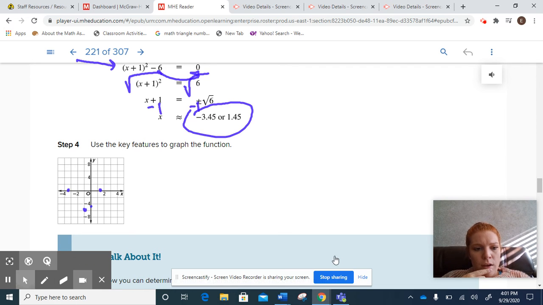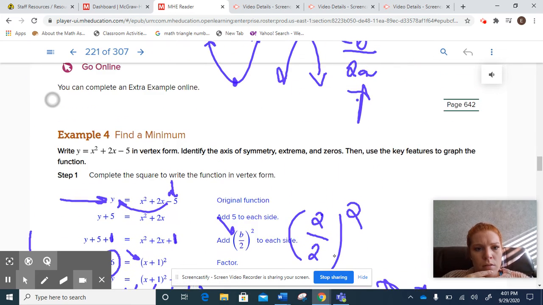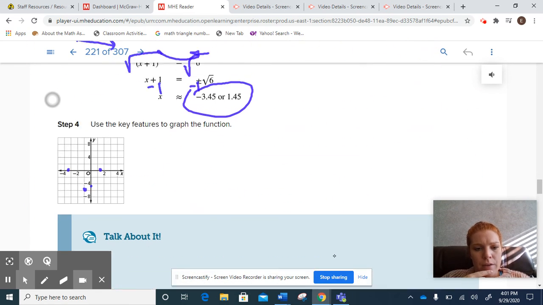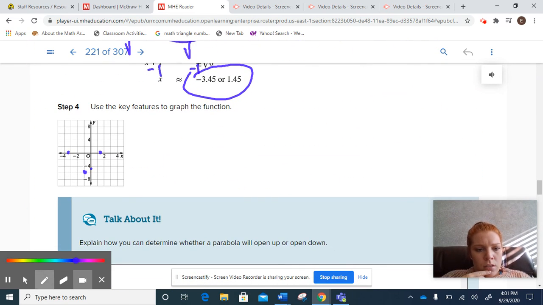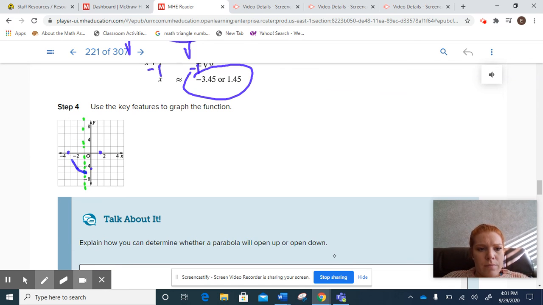Let me make sure. -5. Go back up. Yep. -5. We got our axis of symmetry, which is right here in the middle. So I can flip over my other point, the y-intercept, and sketch it out. There we go. Okay, so completing the square actually gives you a lot of good information just using one method.